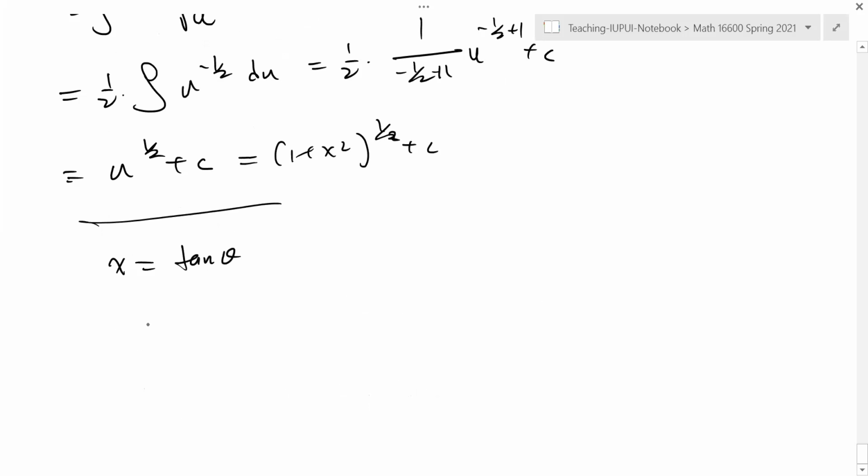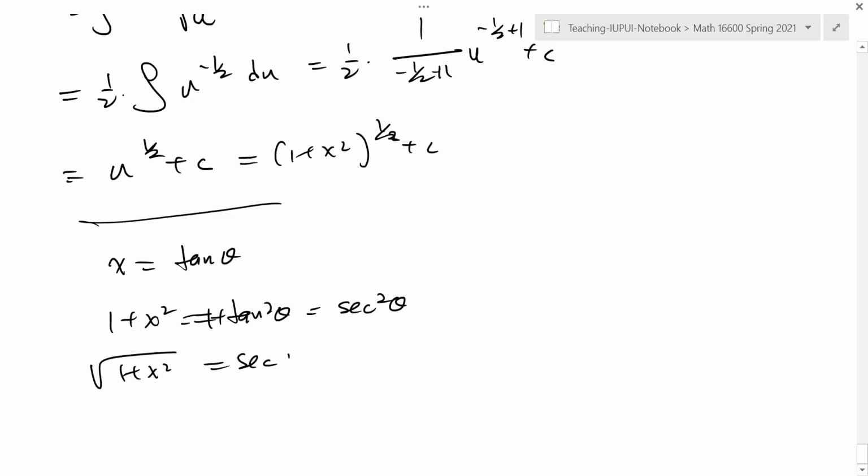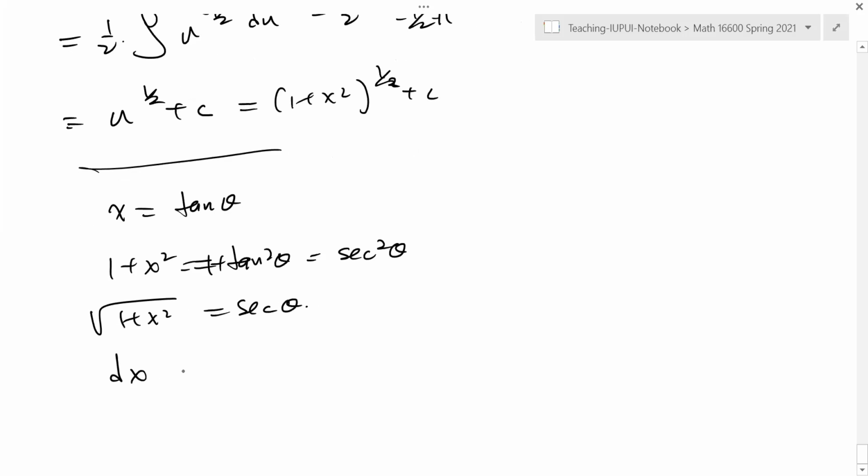Then 1 plus x squared equals tangent square theta plus 1, right? And that is going to be secant square theta. So the square root of 1 plus x squared is going to be secant theta. And dx is going to be, I think, secant theta tangent theta d theta. The derivative of tangent theta is going to be this.